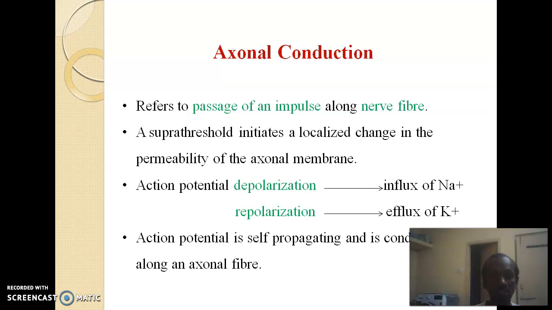Among these two changes, the depolarization actually leads to the action potential. This action potential, once it's generated, gets self-propagated, and in that process it is going to conduct along the axonal fiber.